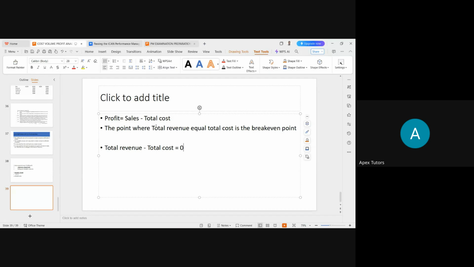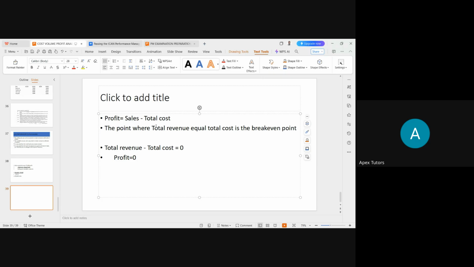And we've established that sales minus total cost, which can otherwise be referred to as revenue, is profit. So where total revenue minus total cost is zero, it means profit is also zero, and there is also no loss.